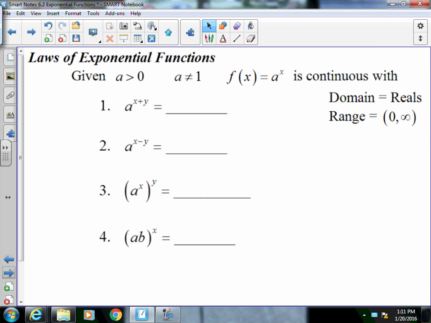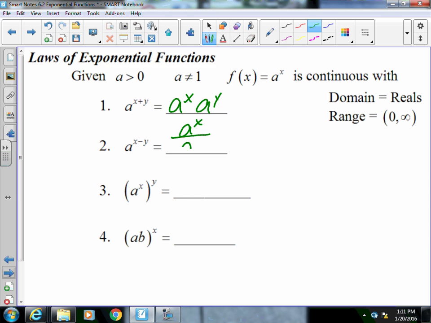So a to the x plus y could be written as a to the x times a to the y, because when we are multiplying the same bases, we add our exponents. A to the x over a to the y. This one, power to a power, we can multiply those. And when we have a product to a power, each base gets that power.